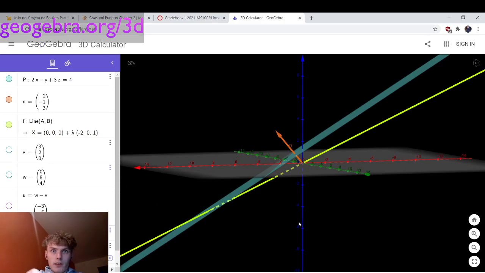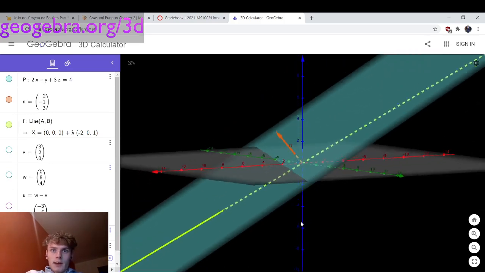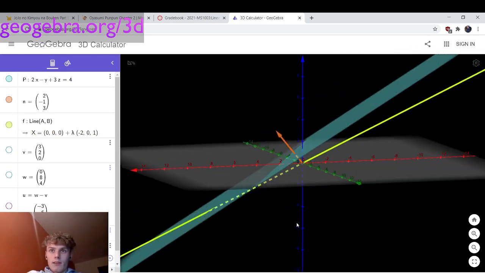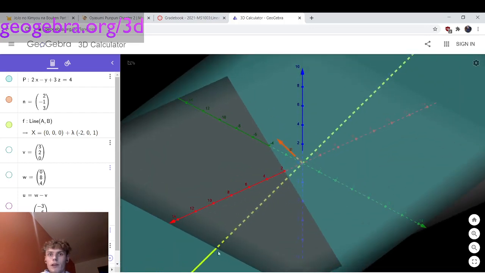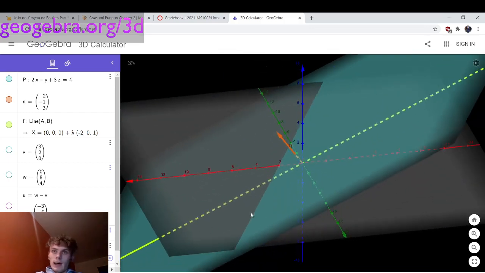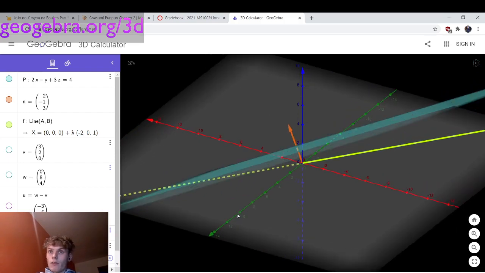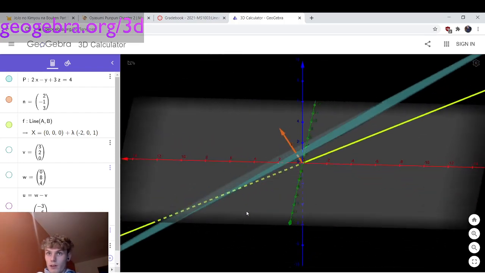Okay, I have it here. Now you can see that the line is definitely not perpendicular or parallel to the plane because the line cuts through the plane at this point right here. The line goes through the origin. Remember that for later.